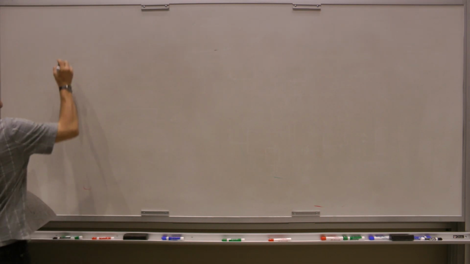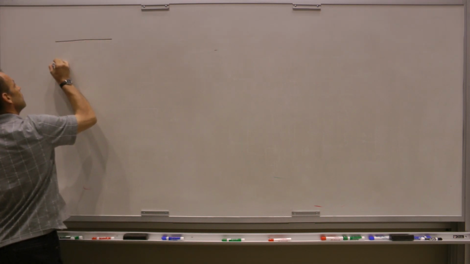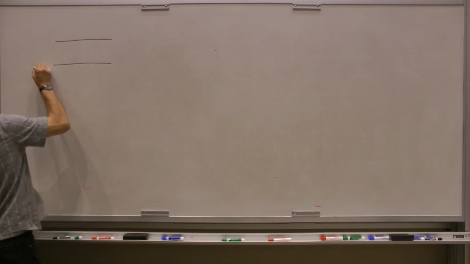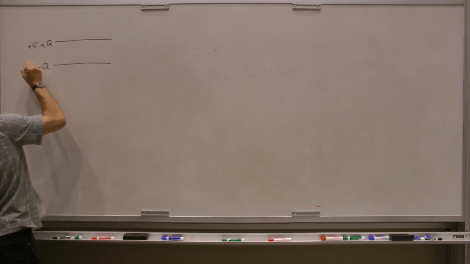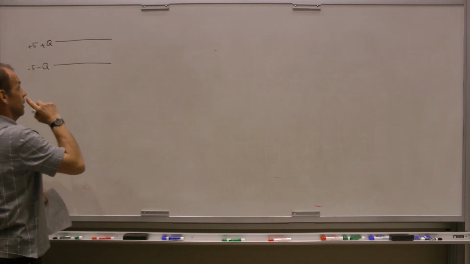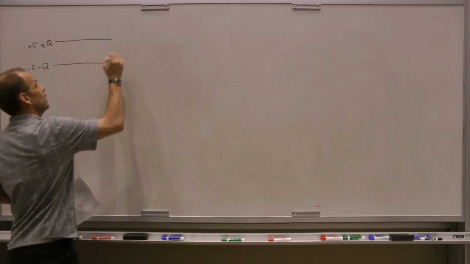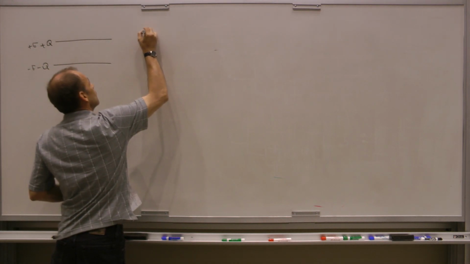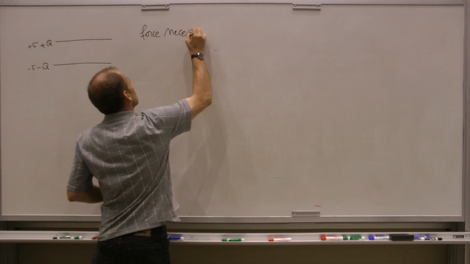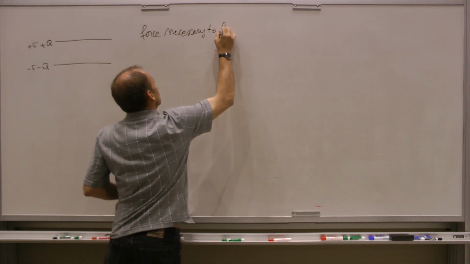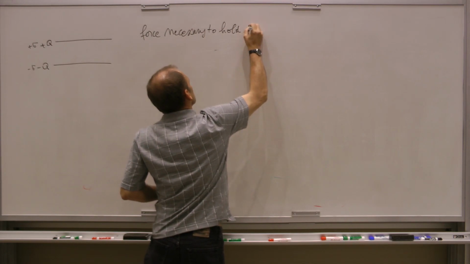So we're looking at the situation where we have a parallel plate capacitor, negative Q, positive Q, or negative sigma, positive sigma. And looking at what is the force necessary to hold the plates apart.